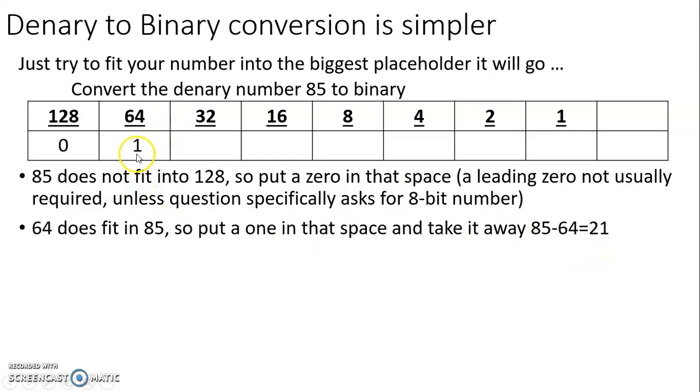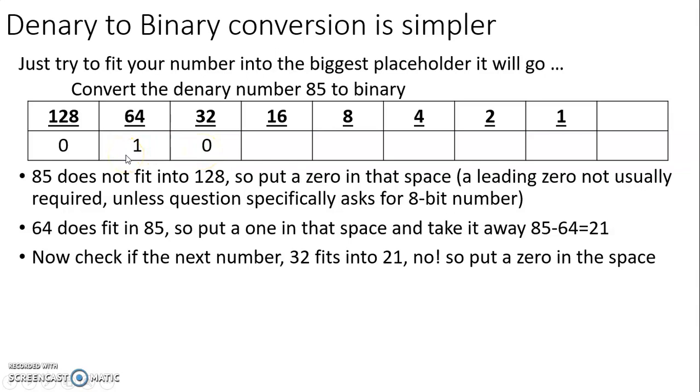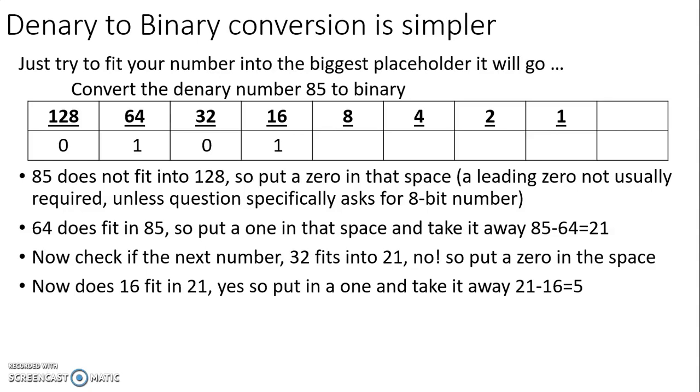Therefore, that's the number we're working with for the rest of the conversion. So does 32 fit into 21? No, because it's too big. So then we move on. Does 16 fit into 21? It does. So we put a 1. 21 minus 16 gives us 5, so 5 is the number we're now working with.